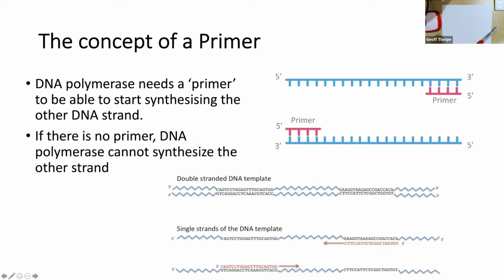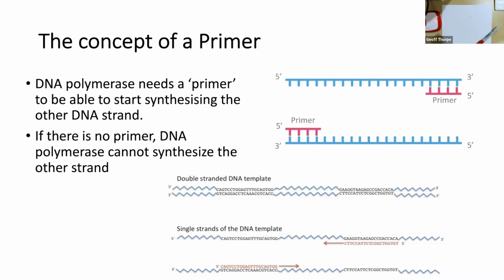Keep in mind that DNA polymerase cannot work if there's no little primer starting it off. So if we just had this blue single strand and we didn't have a primer at all, DNA polymerase can't do anything. It needs some little bit to start it off. And that's basically what a primer is and what DNA primase provides in DNA replication.